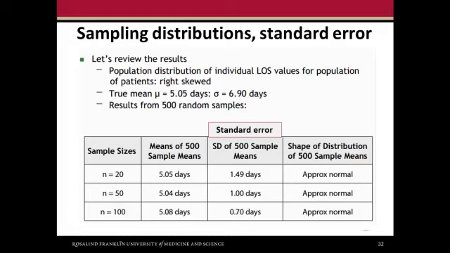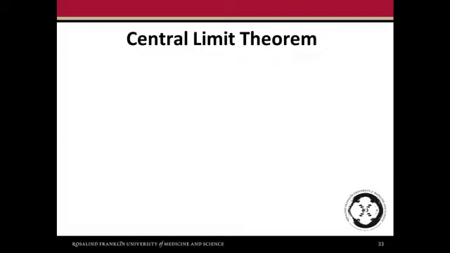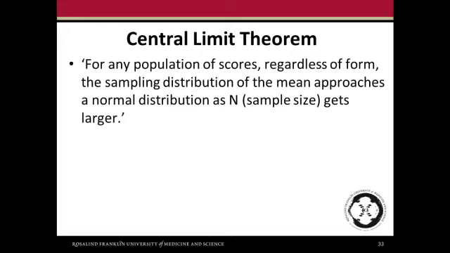And the fact that we get an approximately normal distribution of the sample means, even if the original data is highly skewed, is due to what is called the central limit theorem. It says that for any population of scores, regardless of form, which means the distribution of the original data, the sampling distribution of the mean approaches a normal distribution as n, our sample size, gets larger.